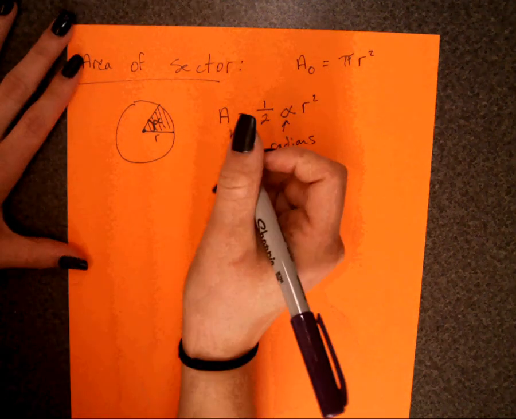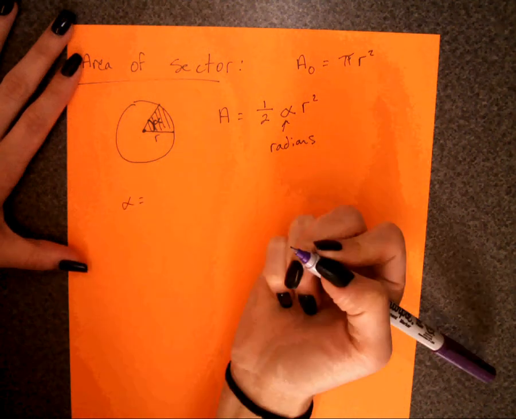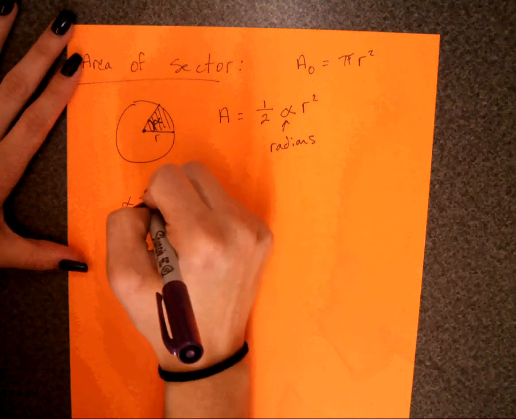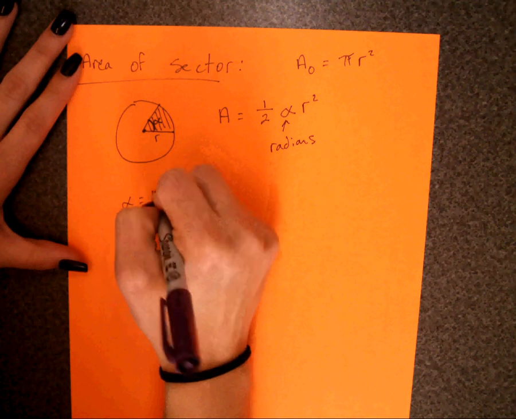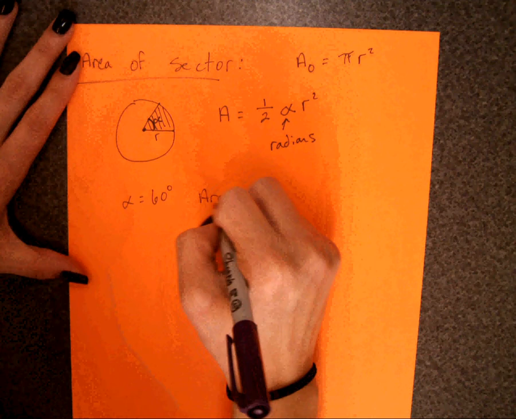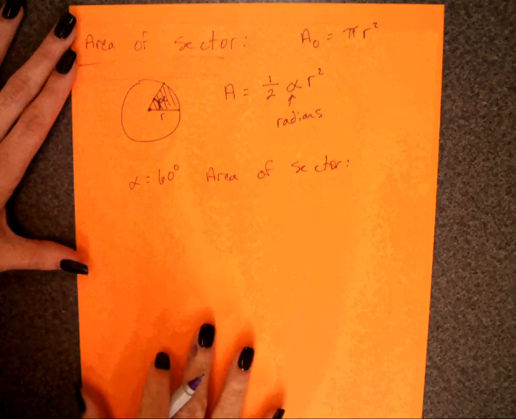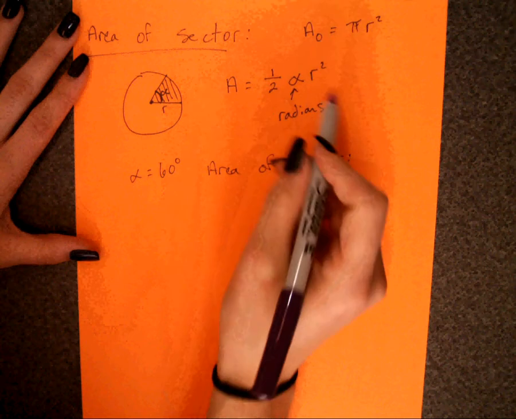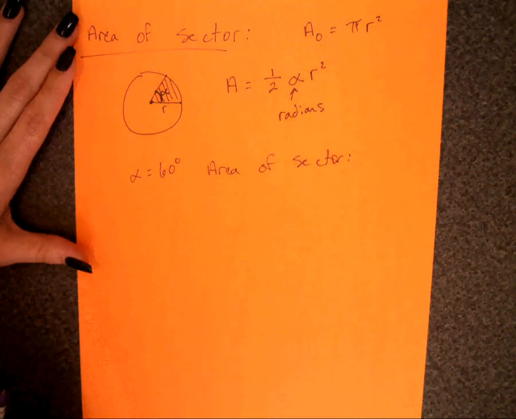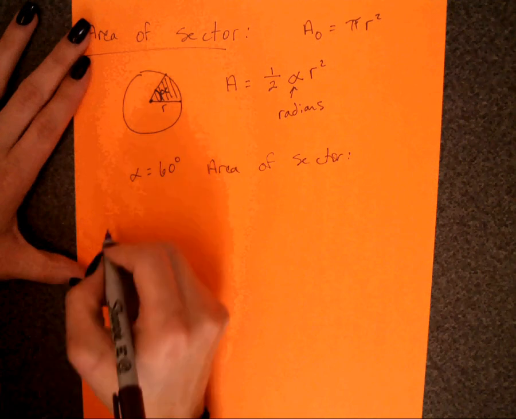So let's say that in this case, alpha is equal to, we'll say, 60 degrees, and we want to find the area of the sector. So we have our formula, but alpha must be in radians. We're given alpha in degrees, so I need to convert alpha into radians.